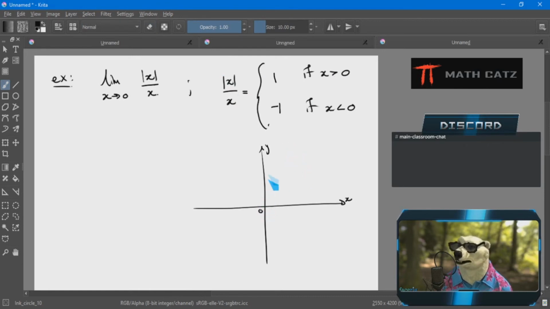But that's okay. So it's 1 for positive x. Let's put 1 over there. So I'll make an open circle, and then it's always the same. So I have a horizontal line like that. And let's say negative 1's over here. I'll make an open circle because I'm never at x equal to 0. Woohoo, that's not going to be easy to draw.